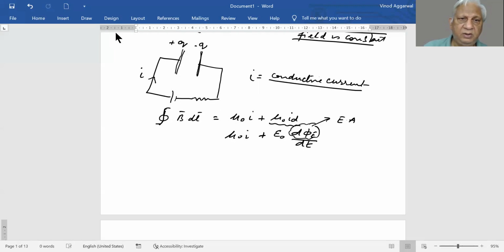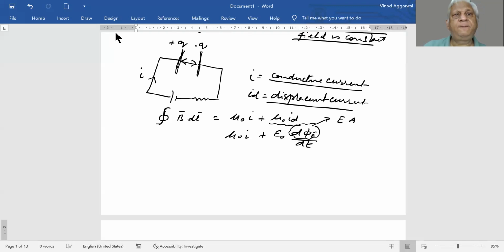This current is present only on the outside of the capacitor and not inside, wherein displacement current is only present within the gap of the plates, and it is not present anywhere outside. So they are sort of mutually exclusive.